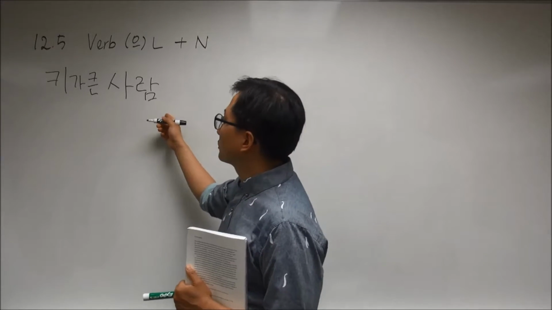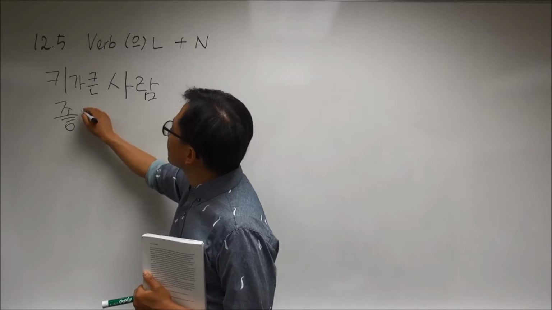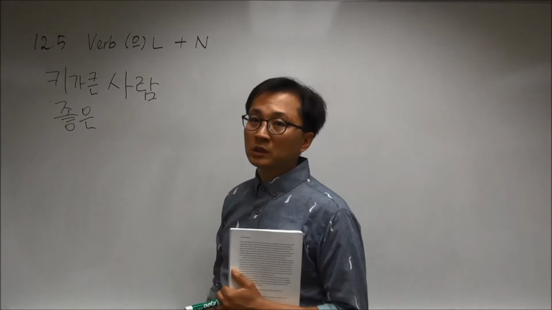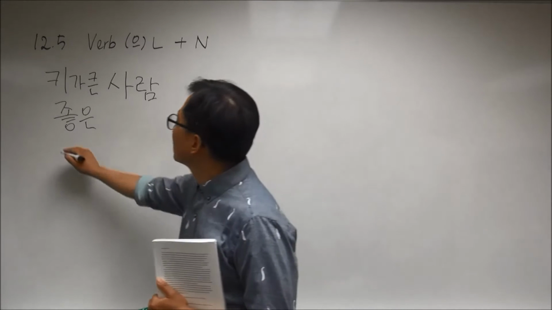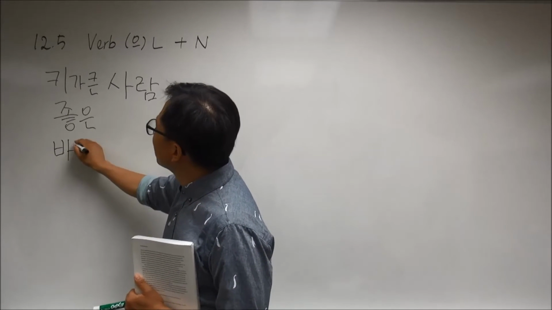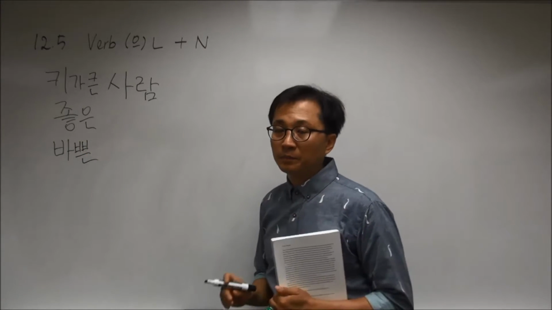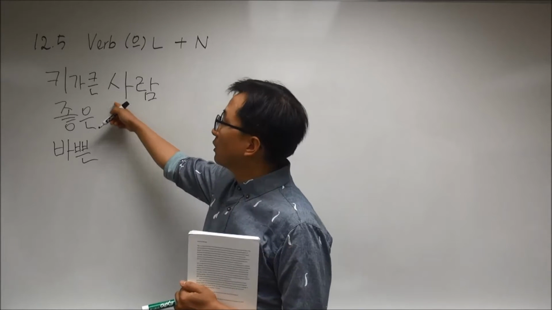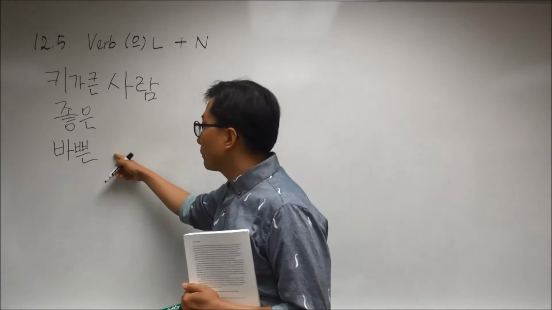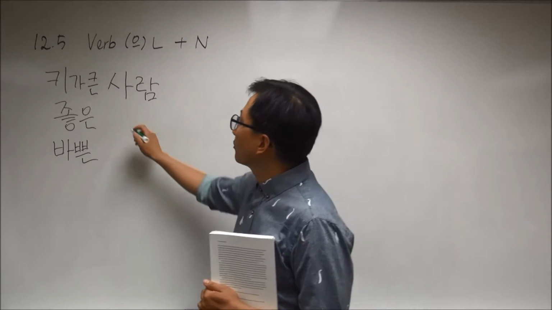Let's say good person. 좋은 사람. Busy person. 바쁜 사람. They are all adjectives. 키가 크다, 좋다, 바쁘다. Then what's the so-called noun modifying form?